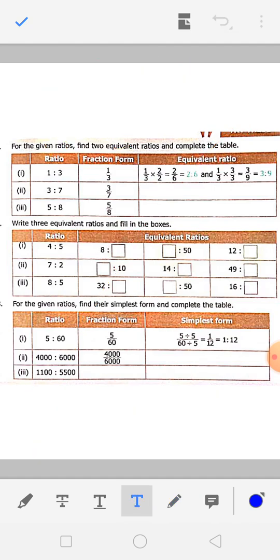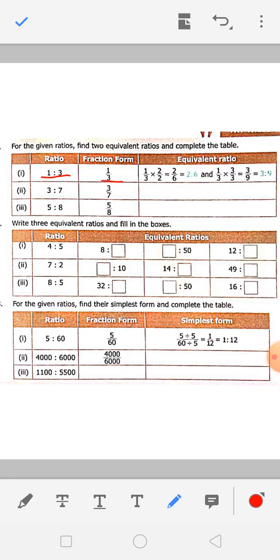So I can write 8 by 12 as 2 by 3. But this is simplification, and I have to expand. I have to find new ratios. Look at that, first one is 1 is to 3, 1 ratio 3. So fraction form is 1 divided by 3. We already know that.